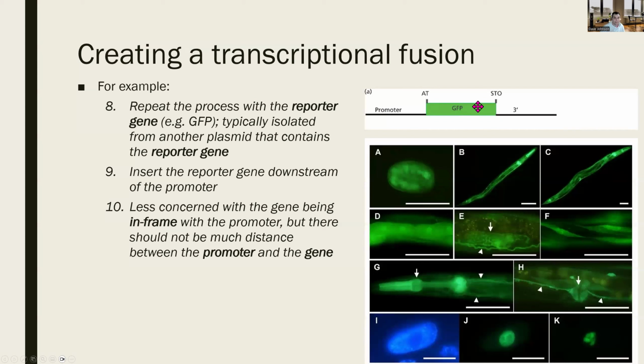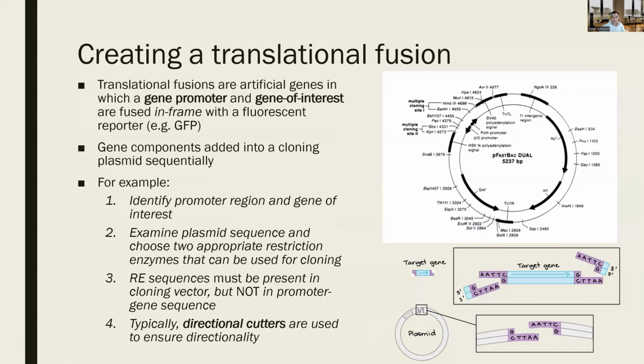If we want to know where the protein that this promoter drives is actually expressed within the cell, then we need to create a translational fusion. And translational fusions are a little bit tricky. So quite often we start creating a translational fusion in a way similar to the way that we do the promoter. But instead of just amplifying the gene promoter via PCR, we are going to amplify the gene promoter and the gene of interest.